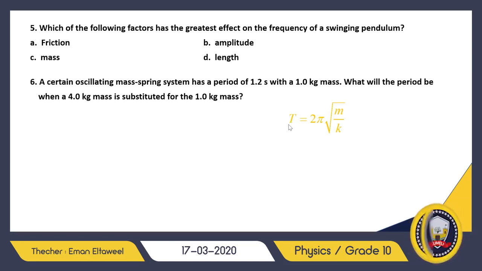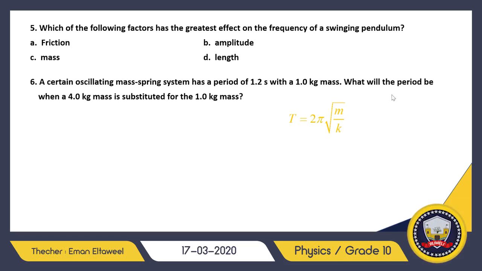What happens to the T? It increases, it decreases, and increases how many times, decreases how many times. If m increases 4 times than the original one, 4 under the square root equals, yes, 2. The square root of 4 equals 2.